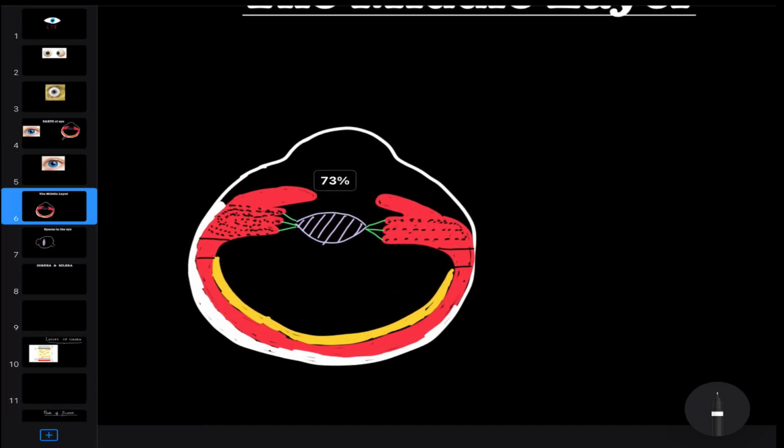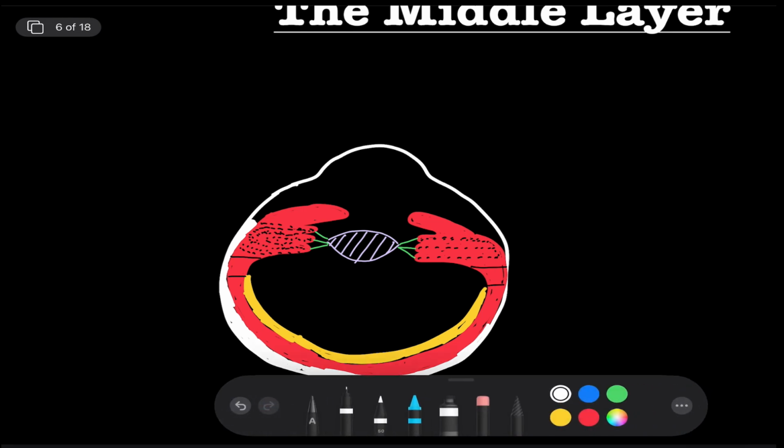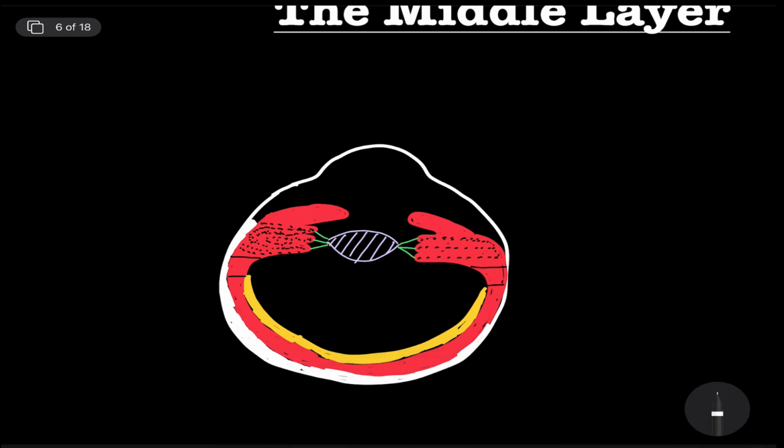Now let's go to the middle layer. This is where this image needs to be a lot clearer to us. Remember how we got this picture? I've already explained to you, we took a transverse section of the eyeball and then we are looking at it from above. That's how we got this picture.